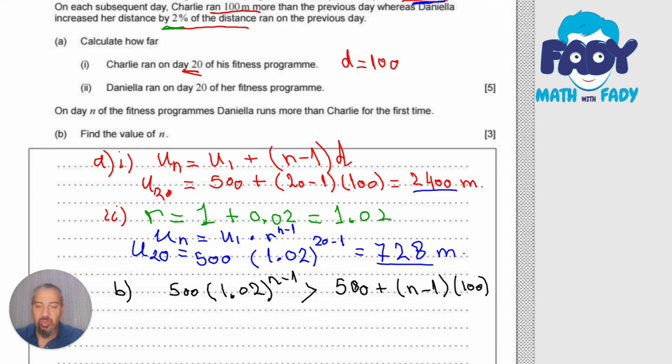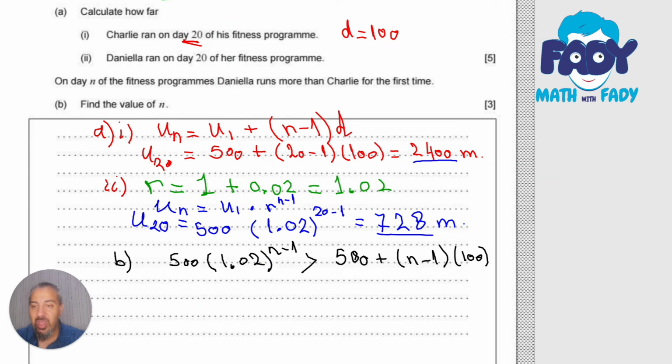Solving this inequality manually with steps is not needed, and it would be very difficult because here n is in the exponent, and here n is not in the exponent. So how would we solve it? We will solve it using the calculator, our graphing display calculator.